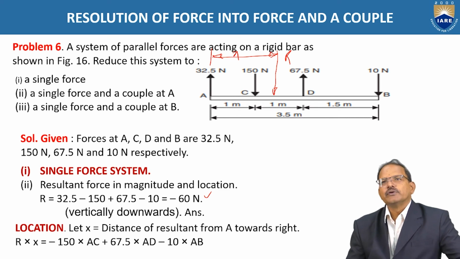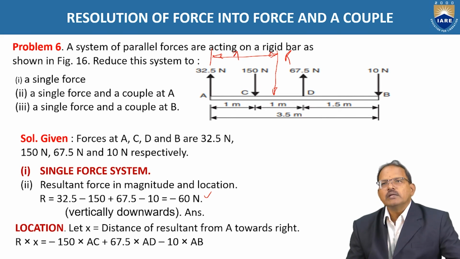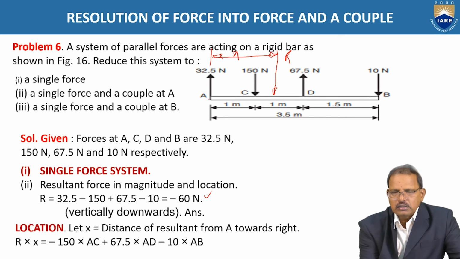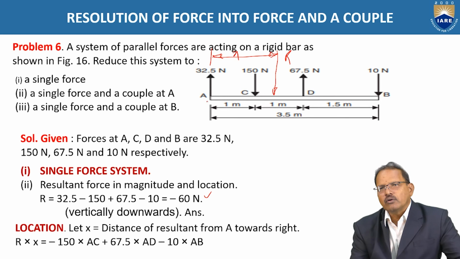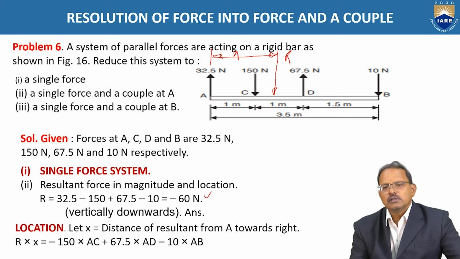Let x be the distance at which the resultant force is acting on the beam AB as shown in figure. Now, according to the Varignon principle, the moment created by the resultant force at A should be equal to the algebraic sum of the moments of the component forces acting on the body. Both should be equal.